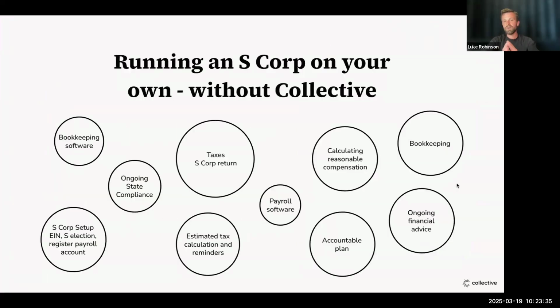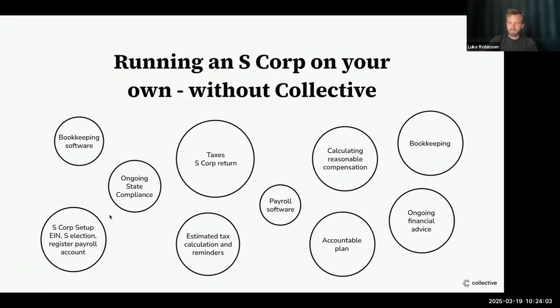Now, we talk about an S Corp and all the amazing tax savings that it provides, but unfortunately, there's also some annoying stuff about it. There is more admin. There's more stuff that you've got to juggle when you have an S Corp. It's a lot harder to run an S Corp administratively speaking than it is an LLC. For one, you have ongoing state compliance.